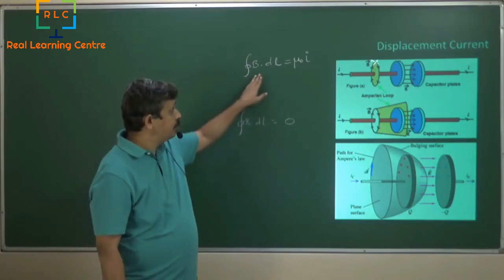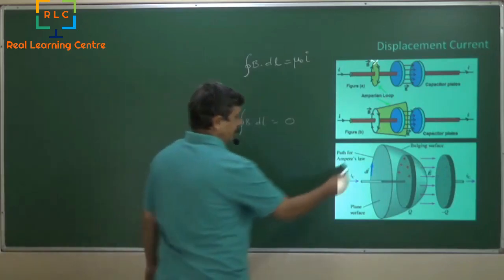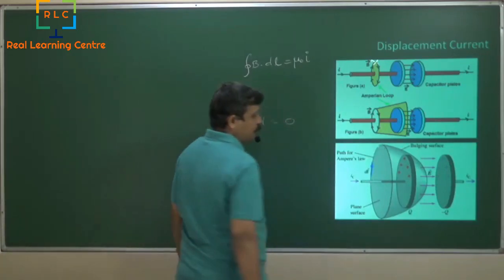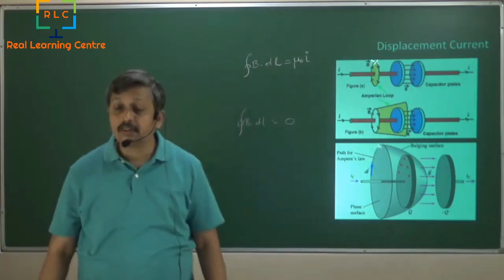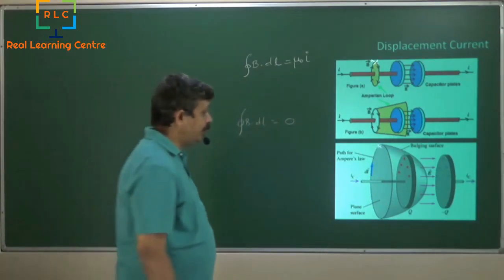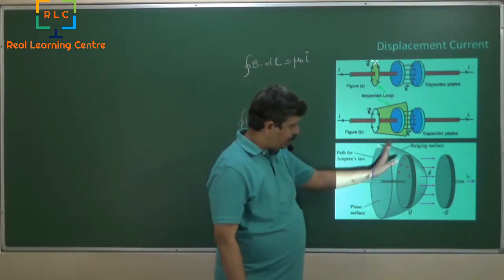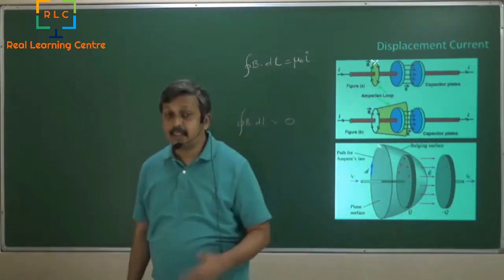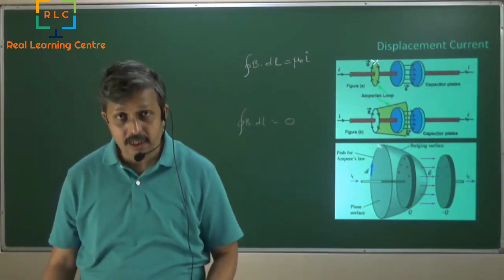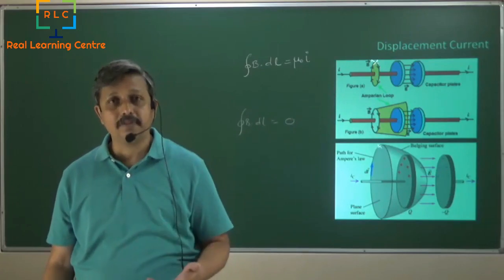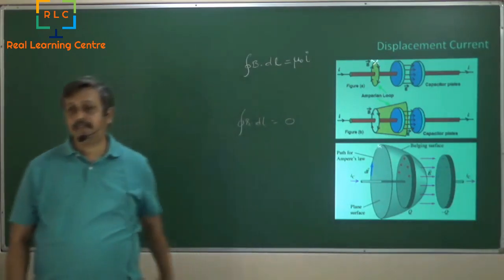So whether a non-zero magnetic field exists here depends on whether you have taken the internal surface directly straight here or around this. And this is not how Ampere's law works. Ampere's law should work consistently all the time. So that means there is some problem here.